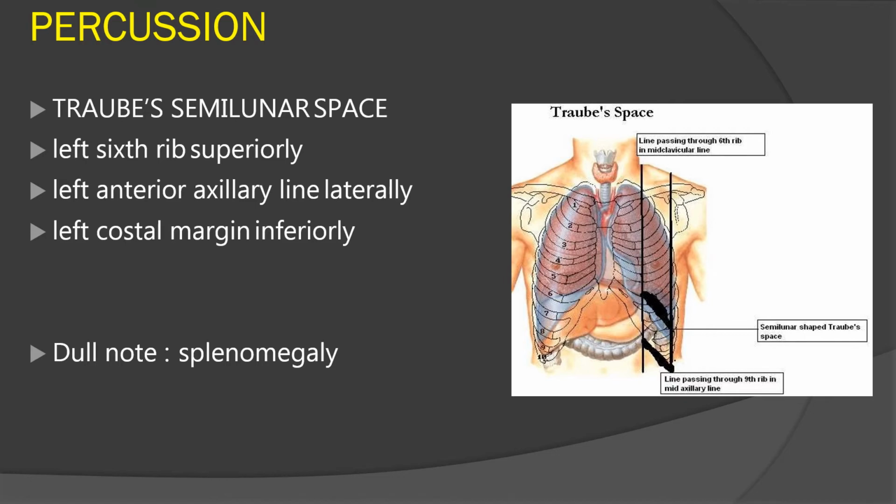The dull note noted here indicates splenomegaly. Other causes of dullness here are seen in the respiratory system examination, but one cause of dullness is splenomegaly.